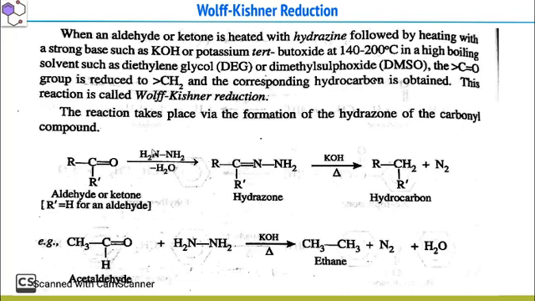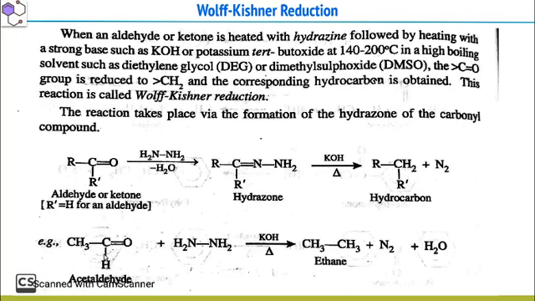When we treat an aldehyde or ketone with hydrazine, a water molecule will get eliminated from here, then the hydrazine will be added up here, forming the corresponding hydrazone. Then on treatment with a strong base like KOH or potassium tertiary butoxide, the nitrogen molecule will get eliminated and the H2 part will get added up here.